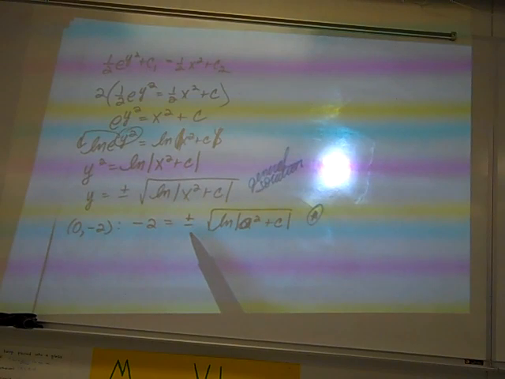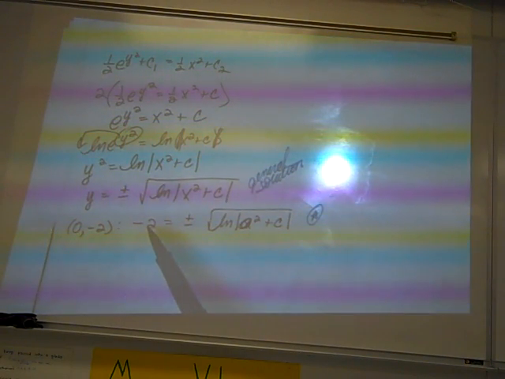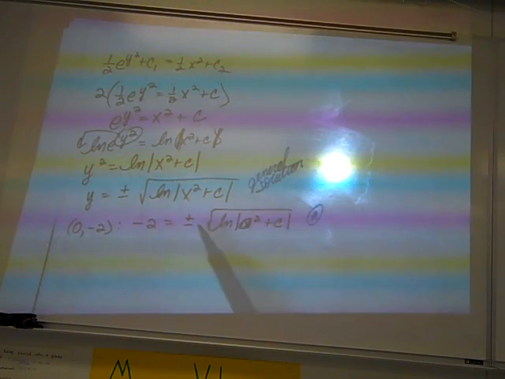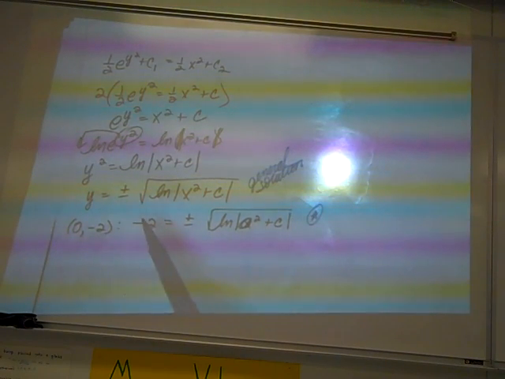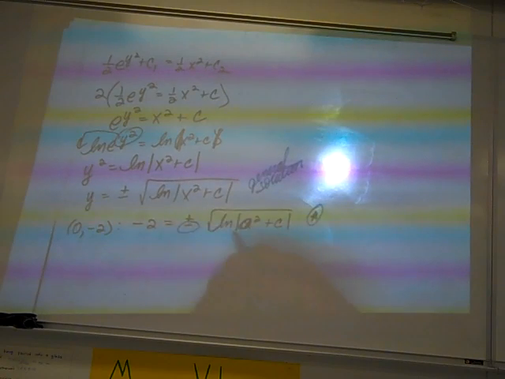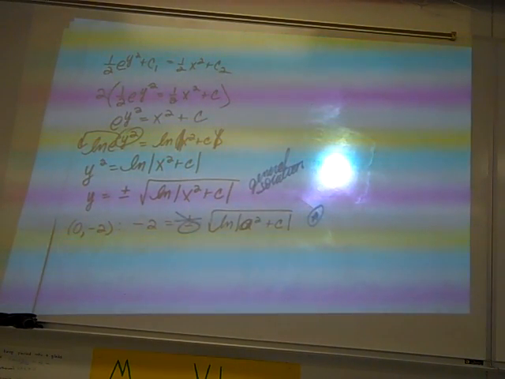We need to decide. Now, the way you decide is you look at your initial condition. When I evaluate the right-hand side at 0, I need my final answer to be negative 2. Because I need the answer to be negative 2, we select the negative portion and we eliminate the positive.